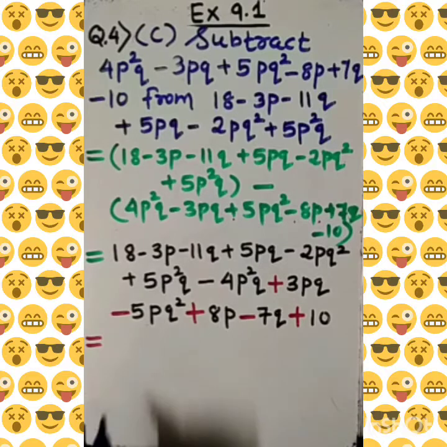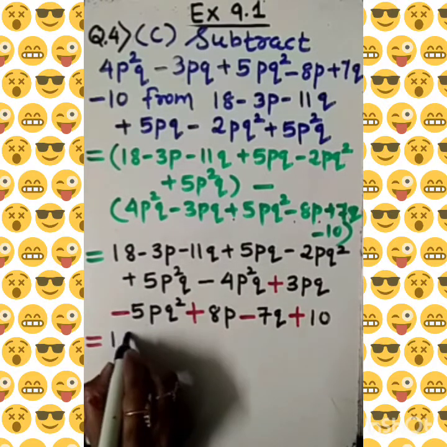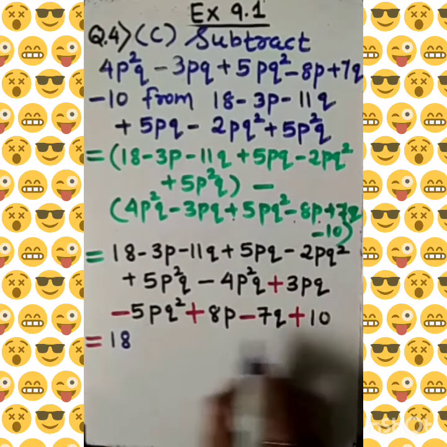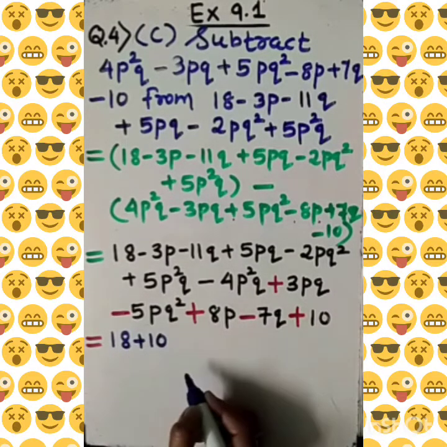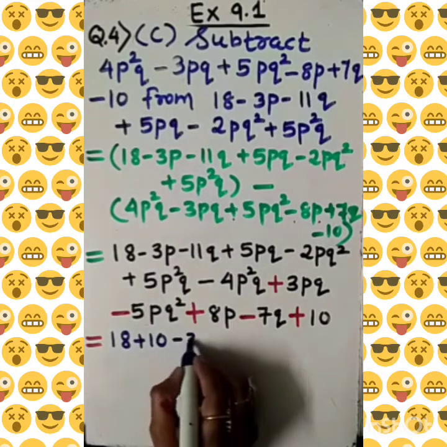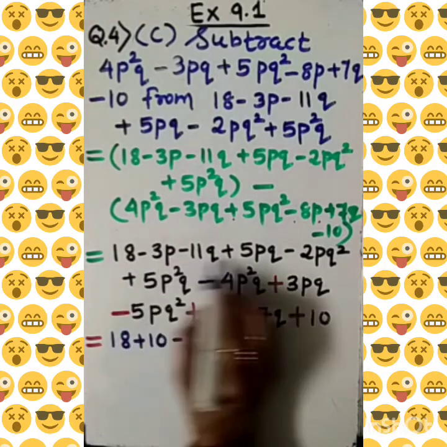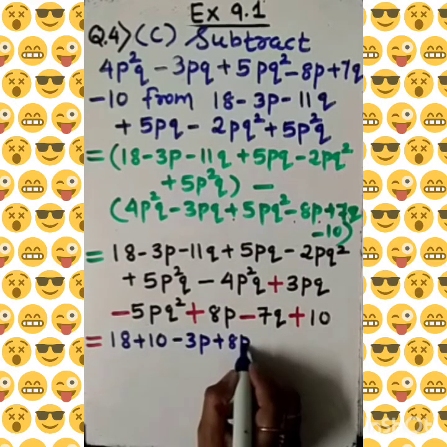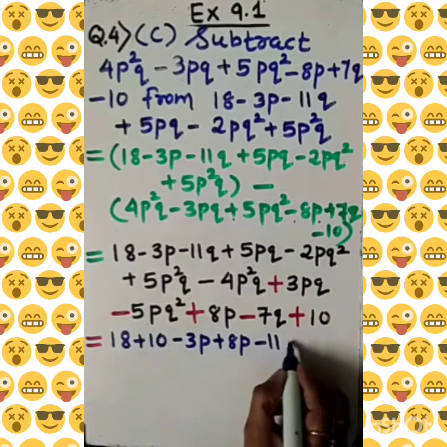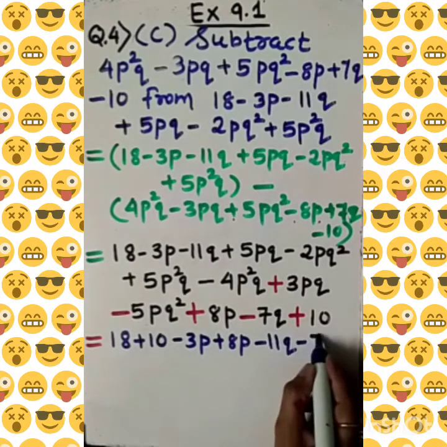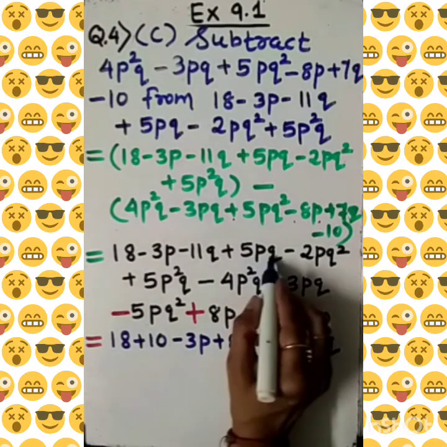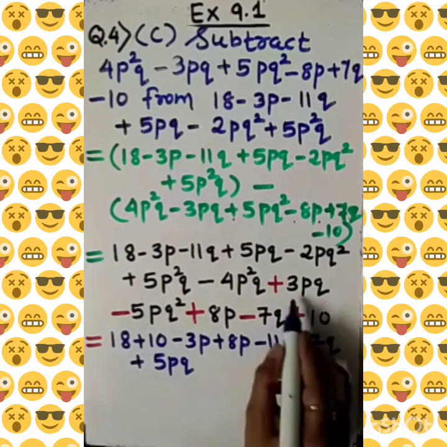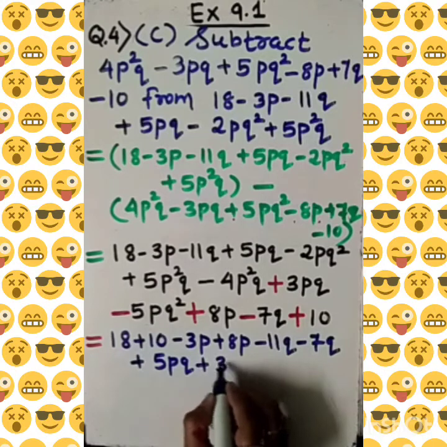Which are like here? So first of all I am choosing 18. This is a constant term. In all these expressions, this 10 is constant. Then minus 3p. Along with that, the p term is this plus 8p. Then minus 11q. Along with that, this minus 7q. Then we'll work out on this plus 5pq. Any term with pq? Yes, 3.